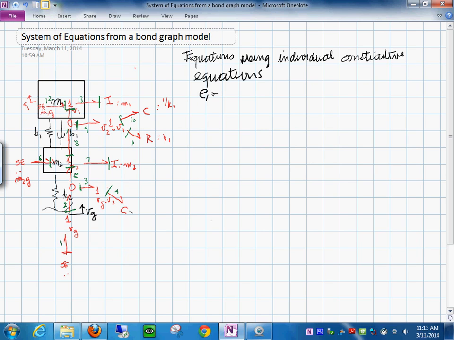What is E1? E1 is equal to, in this case, E sub 2. Look at the causal mark. And of course this could be simplified, but we also know that F1 is equal to F sub 2.